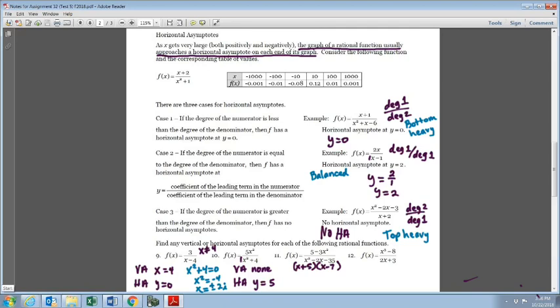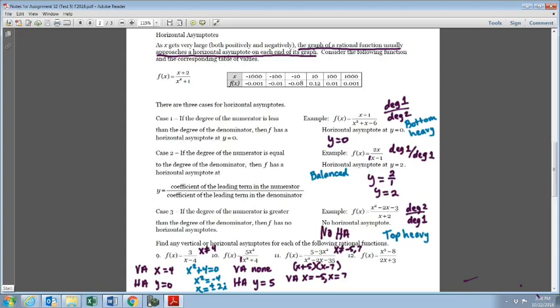Let's look at number 11. Again, we want to set our denominator equal to 0. We basically have to factor using the AC method there. And so -5 and 7 are restricted values, and that's where we're going to have our vertical asymptotes. In terms of the horizontal asymptotes, notice both of these are degree 2, the numerator and the denominator.